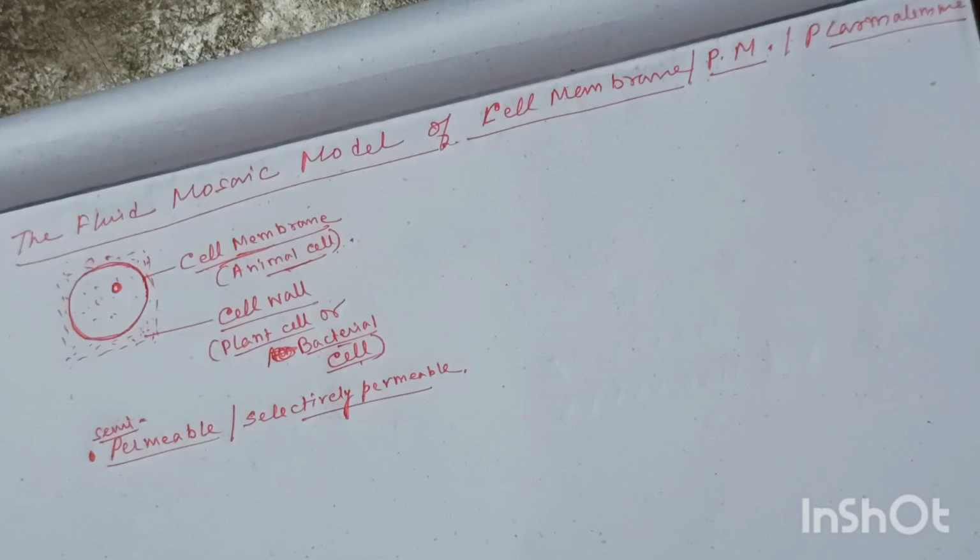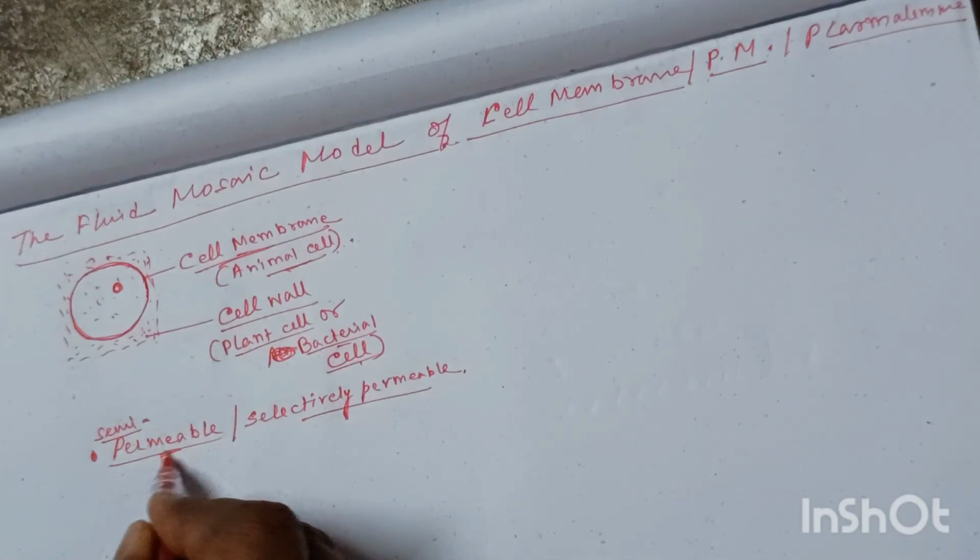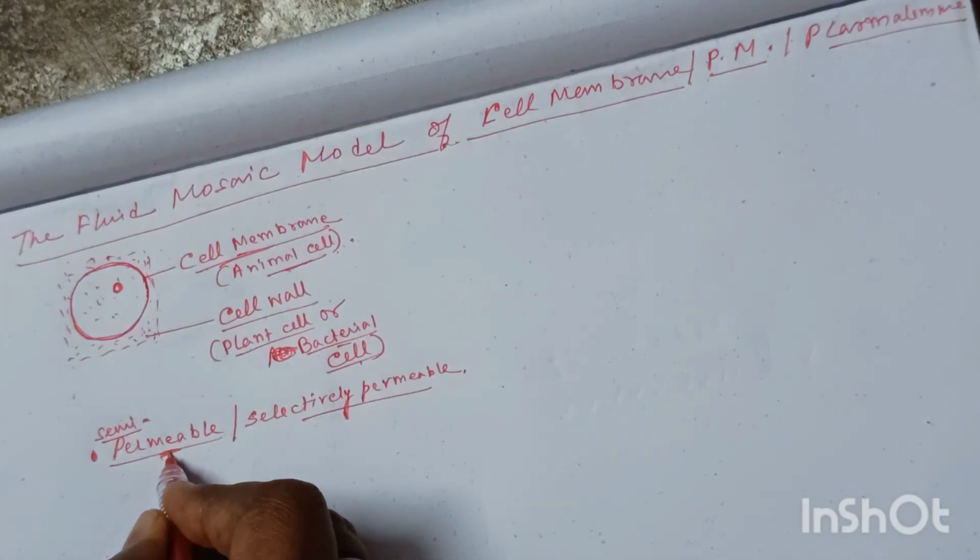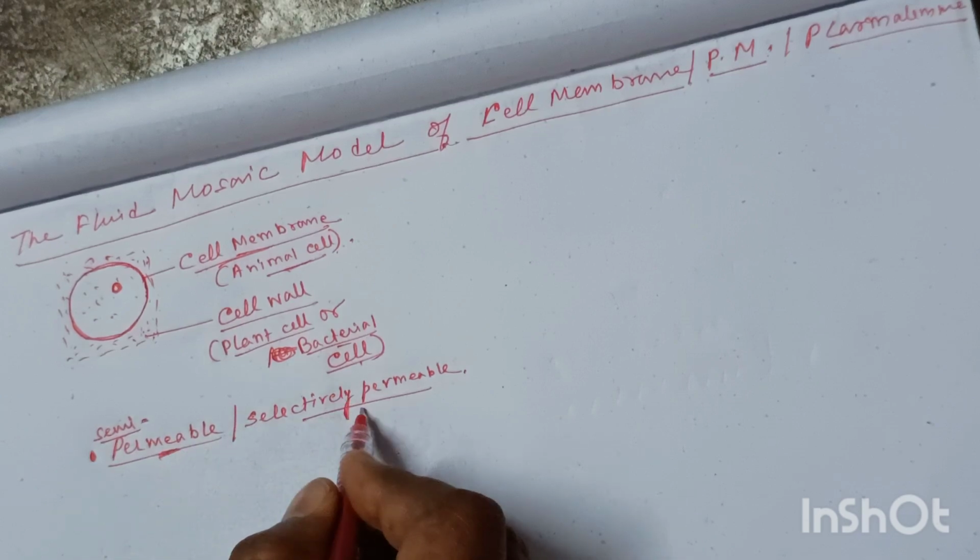Selectively permeable means the cell membrane is permeable to all solvents, but it is not permeable to all solutes. Some solutes can get through it, can be diffused through it, but some cannot. So it is semi-permeable, also called selectively permeable in nature.